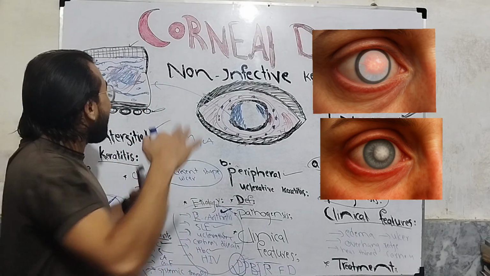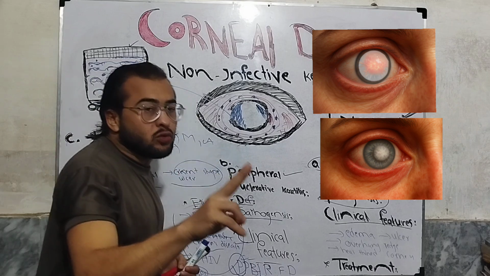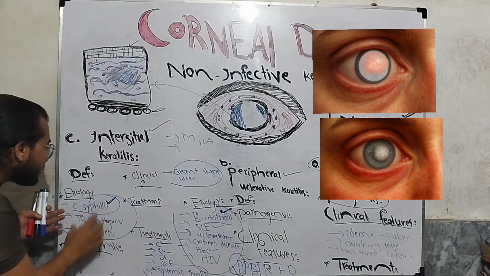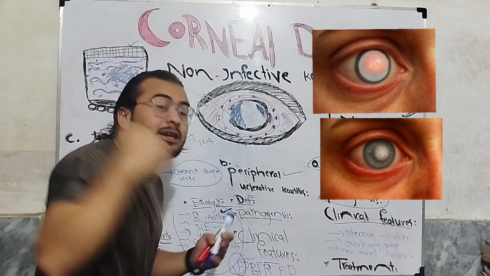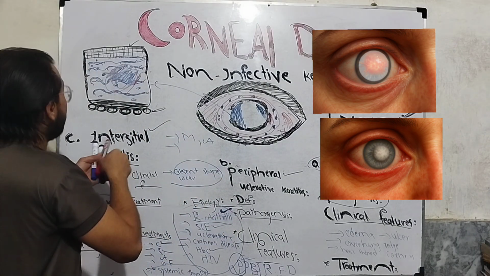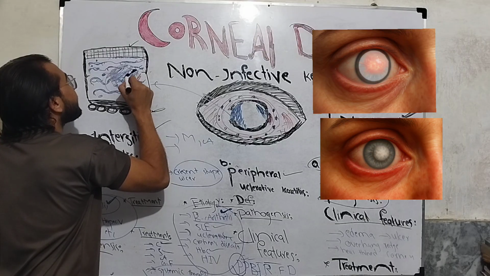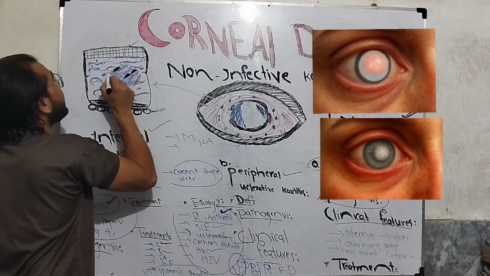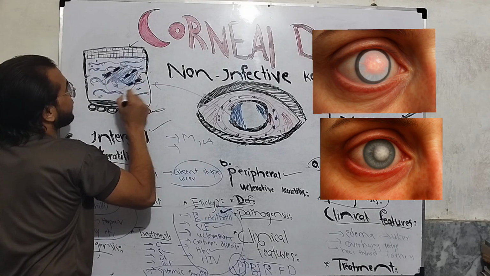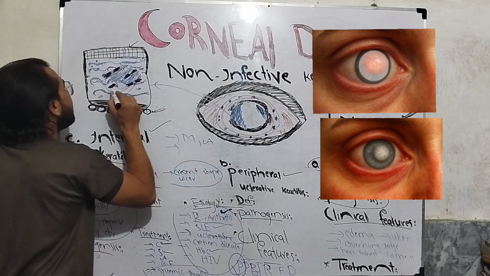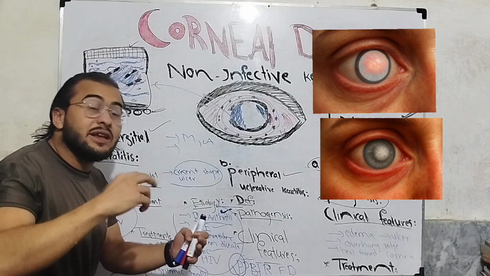Pathogenesis. How is the stromal edema occurring? There can be two cases. When these infections are occurring, there can be direct deposition of the antigens. Antigens can be directly deposited in the stroma, which will induce an inflammation. There can be another condition which is called cross reactivation.